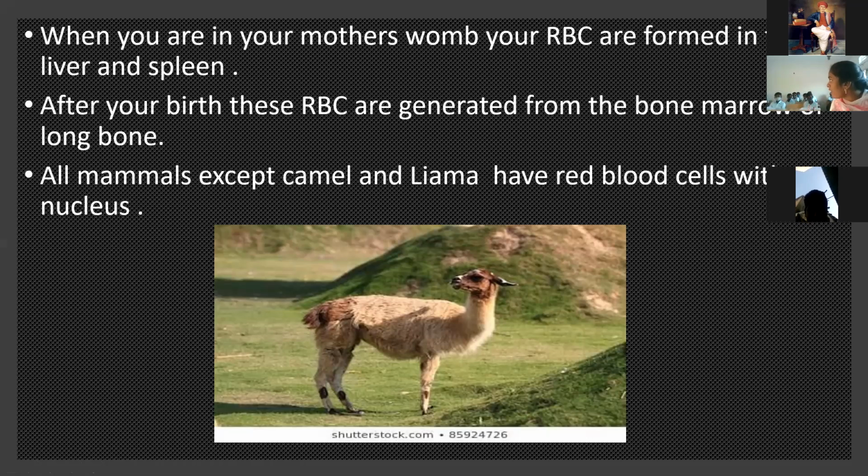It is not having a nucleus and nuclear membrane. And next one is the eukaryotes. What is eukaryotes? It is having a nucleus and nuclear membrane. That is called eukaryotes.